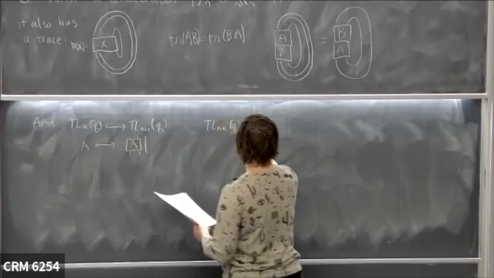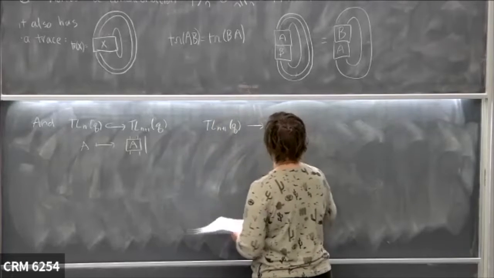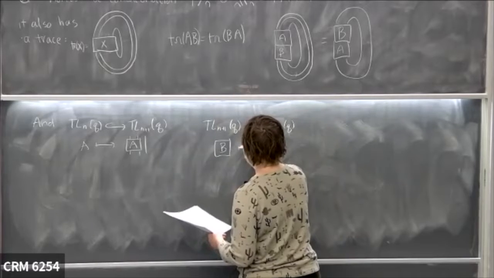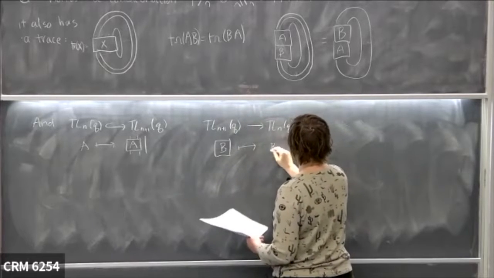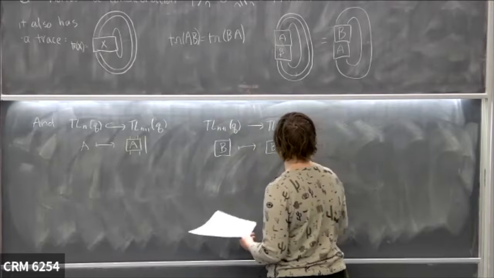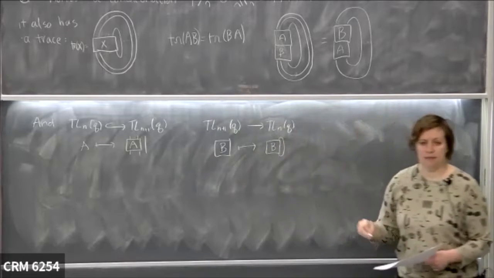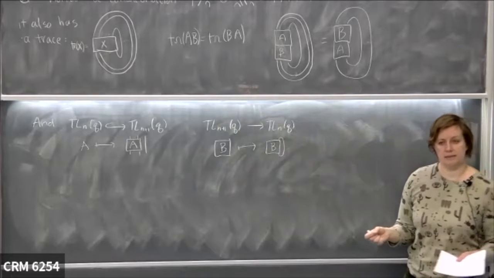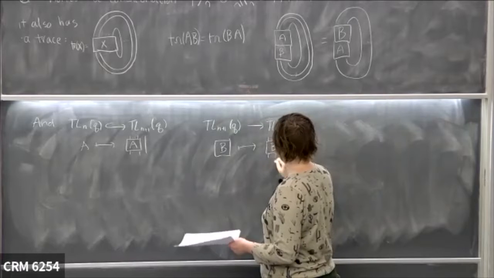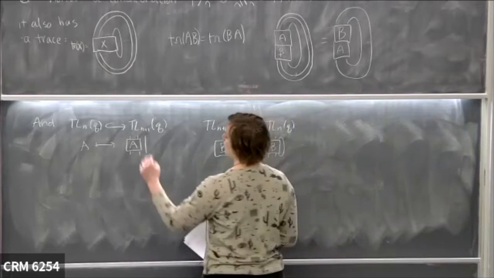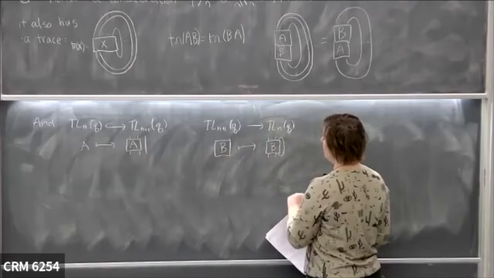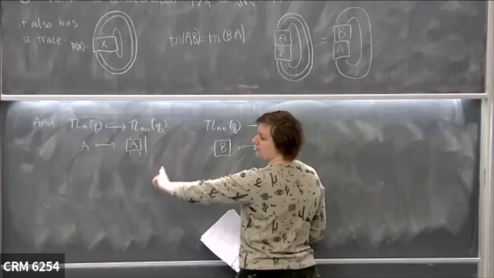If we wanted to go from TL_{n+1} down to TL_n, we could take our box B and think of it as a box with one fewer strand on the top and the bottom by connecting the rightmost strands. And if we first included an element up into the next level and then applied this operator, we would just create a free floating loop on the outside.